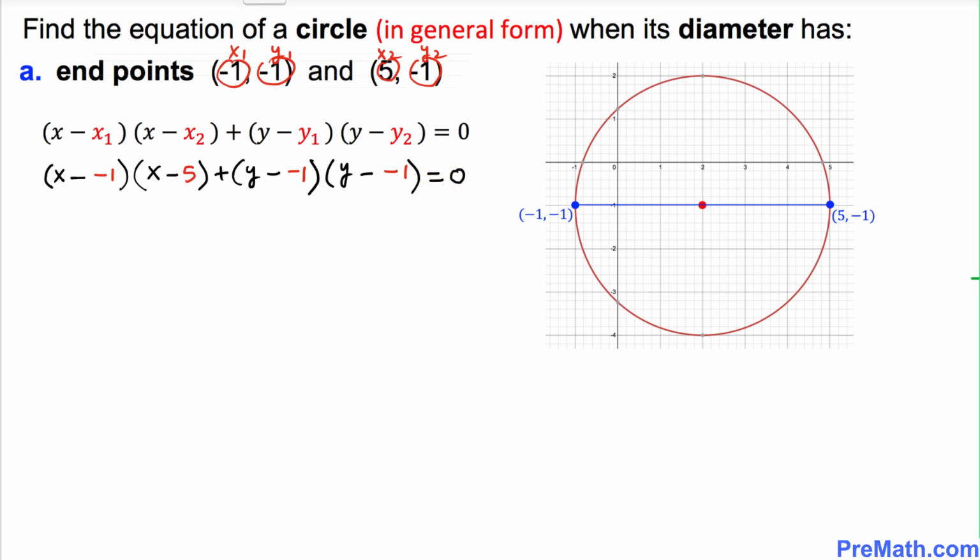All right, in the next step we are going to simplify this one. We can see that we have a negative sign and a negative sign, and when you multiply, that is going to become positive. So this could be written as (x plus 1) times (x minus 5) plus, likewise over here, these negative and negative signs multiply and become positive.